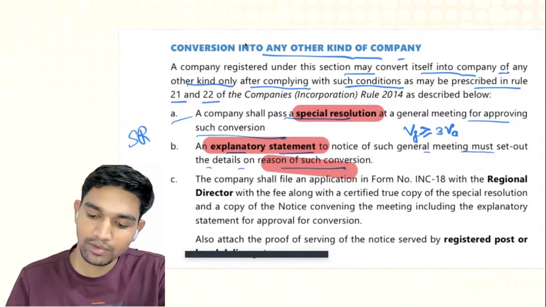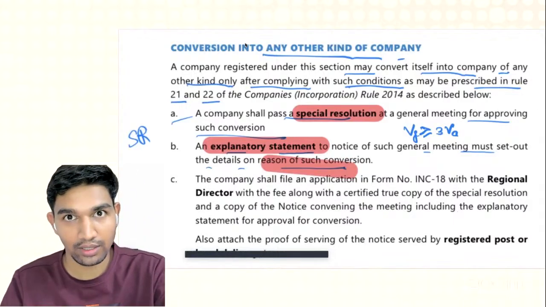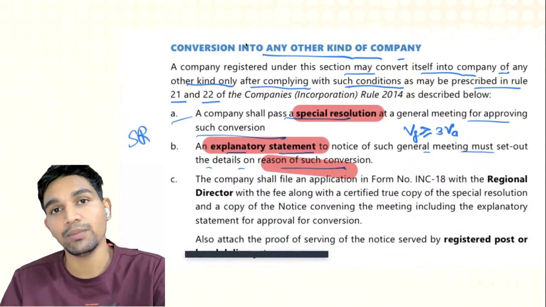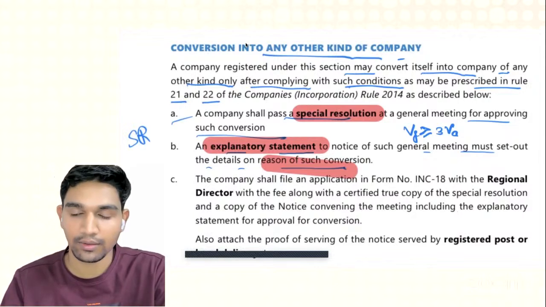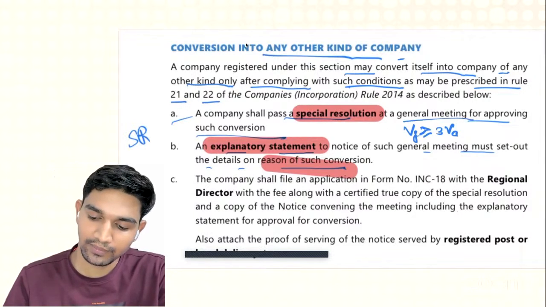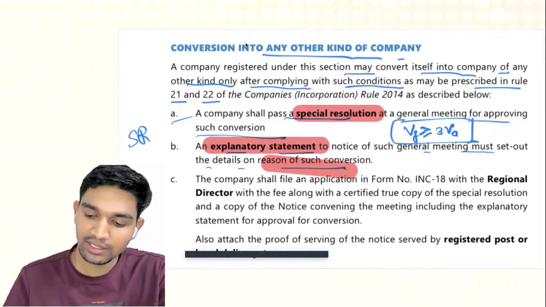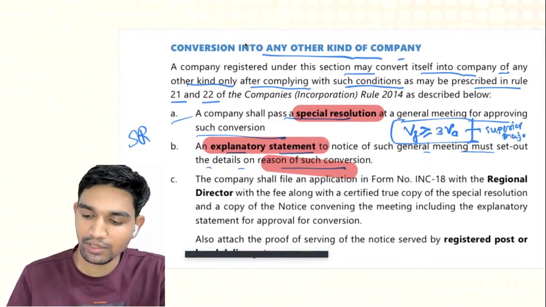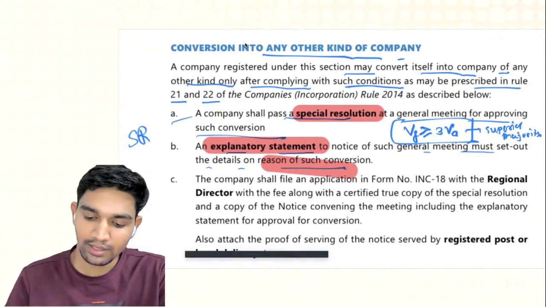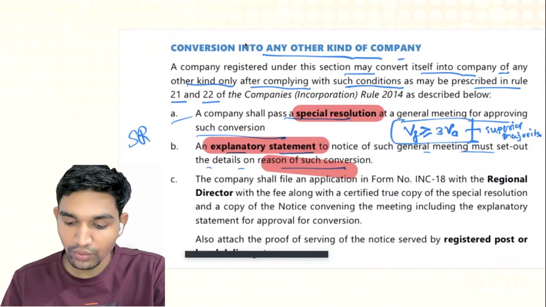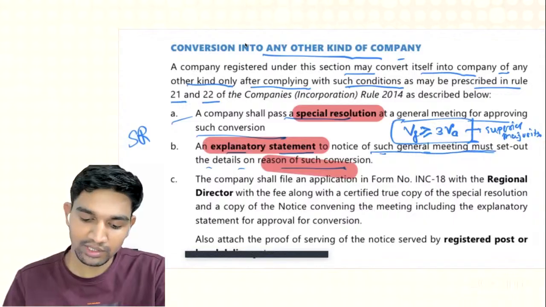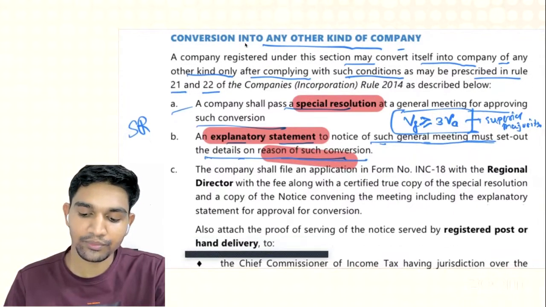Here, the important thing is that these votes are counted based on the members who are present and voted. That's the case, and this is called a superior majority. Now, the notice of such general meeting must set out the details of the reason for such conversion.